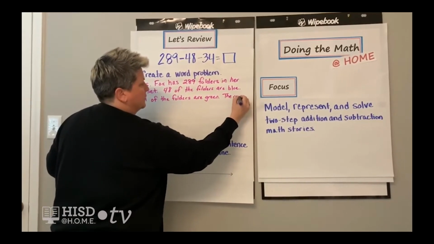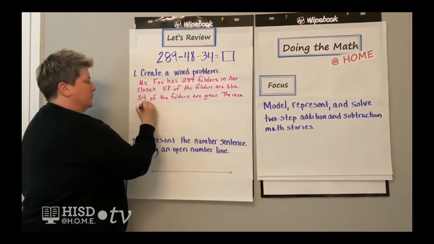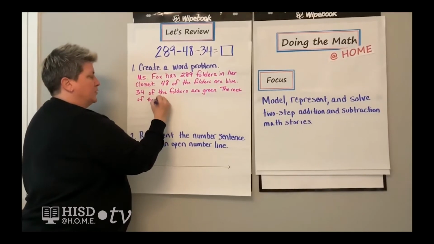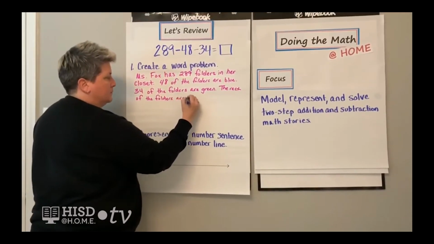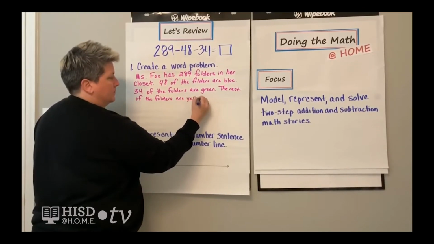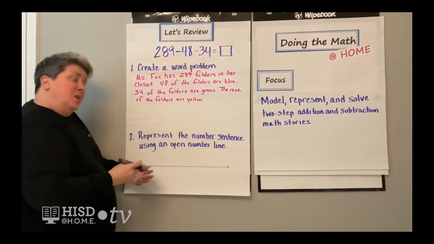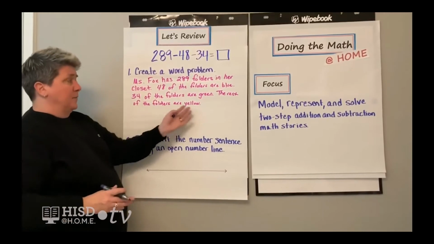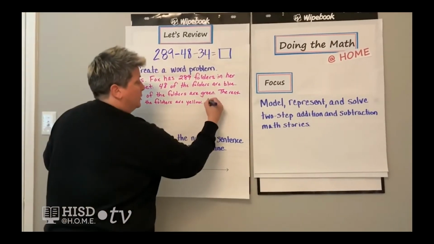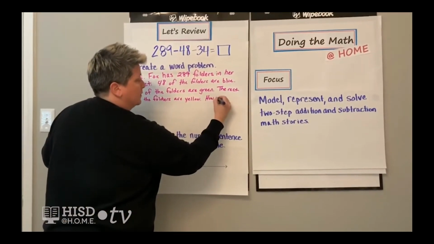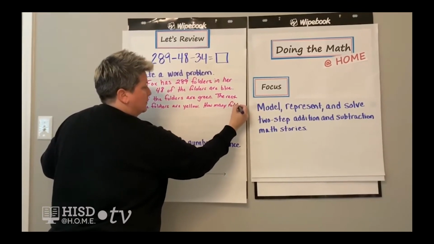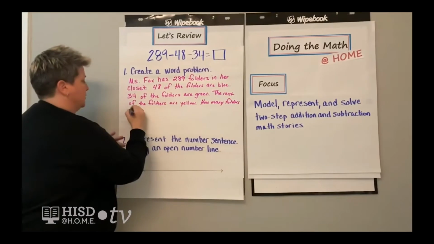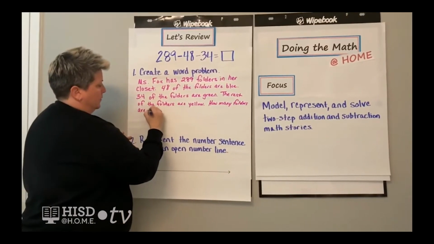The rest of the folders are yellow." And what am I trying to find out? I'm trying to find out how many yellow folders there are. How many folders are yellow?